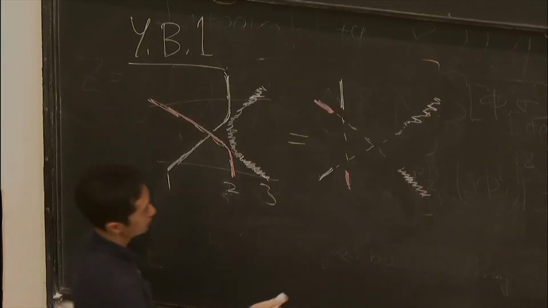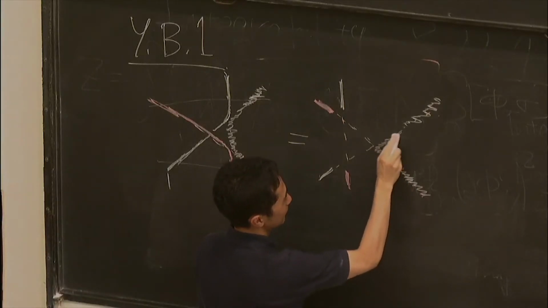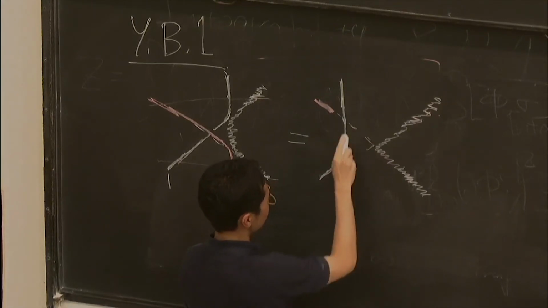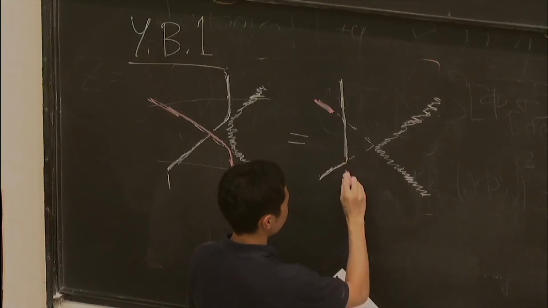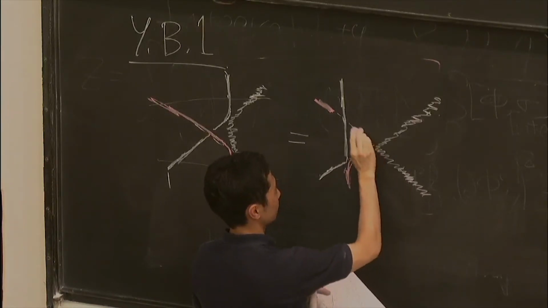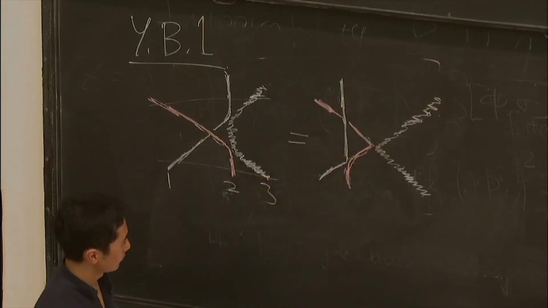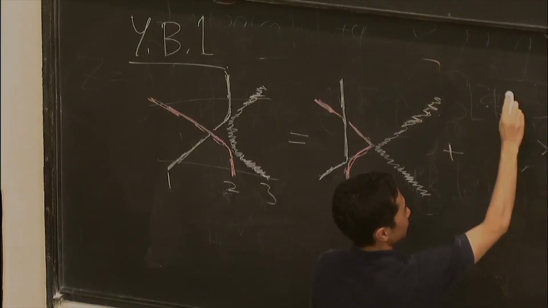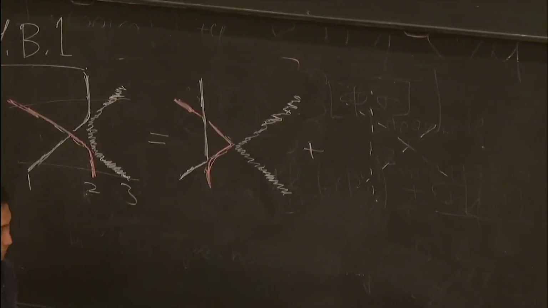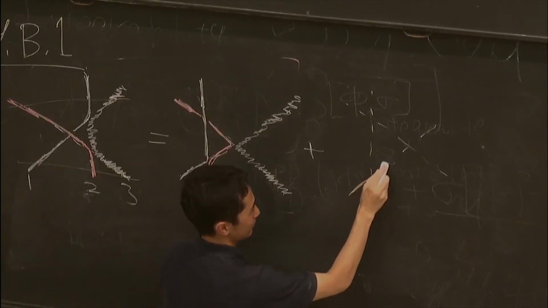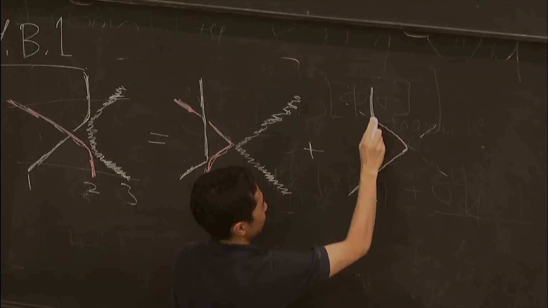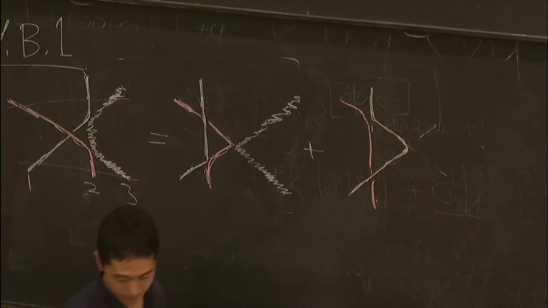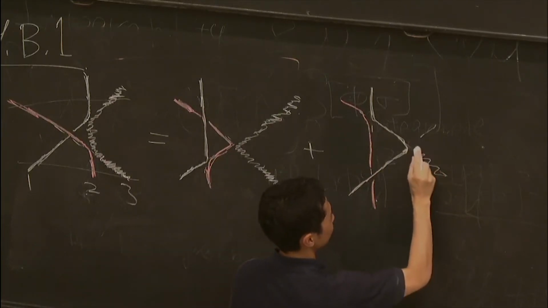In this picture it's easy to figure out that this is a consistent picture. For example, you can draw something like this. But it turns out there is actually yet another picture that you can draw. So what is that picture? The picture is something like this. This particle goes this way, and this particle goes this way, and the last particle moves in this way.